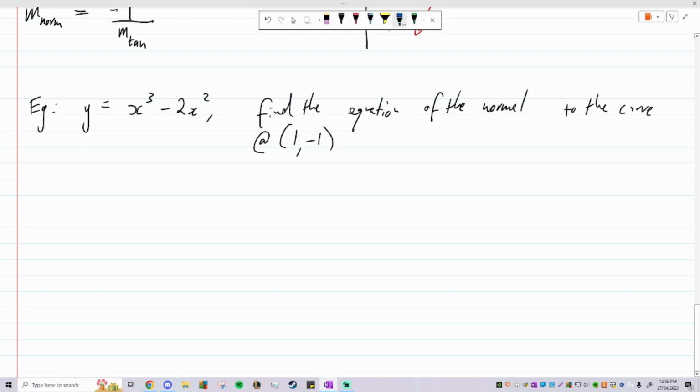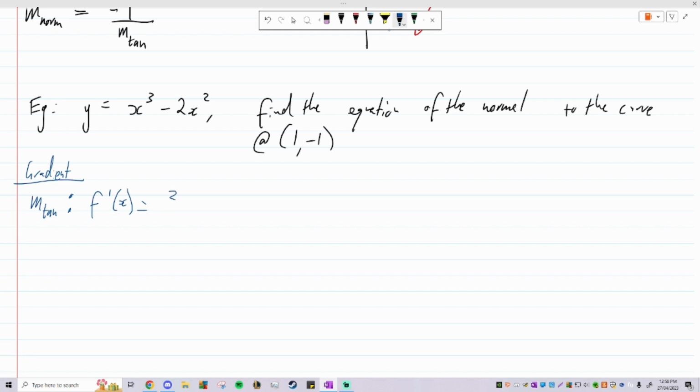So the first thing I'm going to do is find m tan. I'm looking at the gradient here. The reason I'm not jumping straight to m normal is because we don't know any key rules for m normal. We know how to find m tan, and that is simply f dash of x at that point, or the derivative.